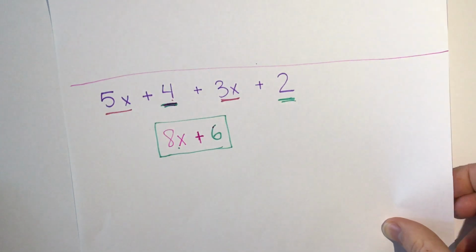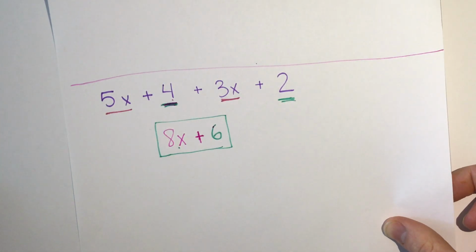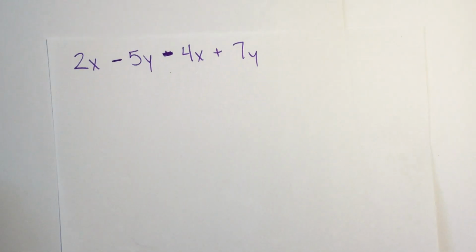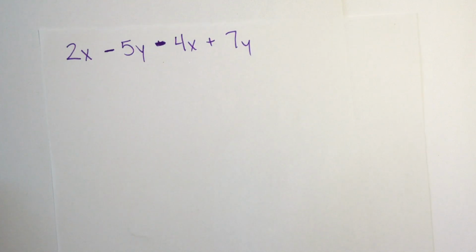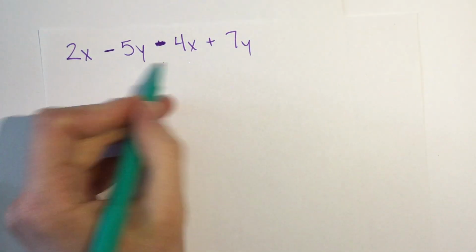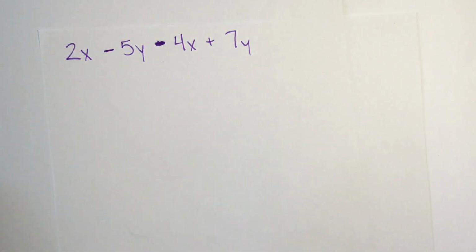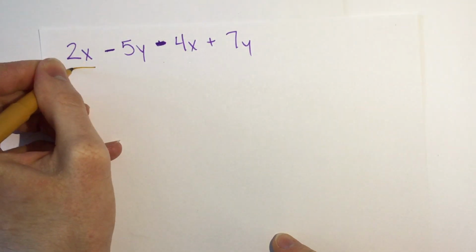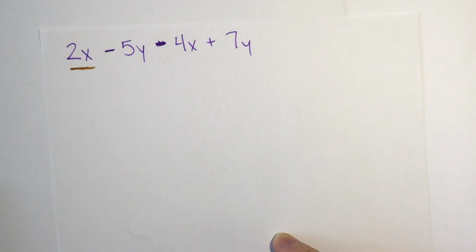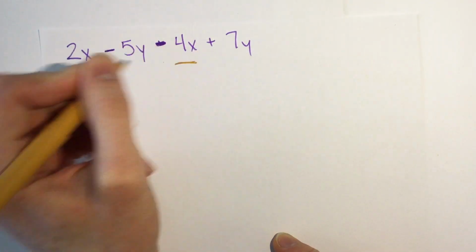There's one more case we need to look at, and that's if we have negatives or minus signs. Here we have 2x minus 5y minus 4x plus 7y. So what do we do with these negative signs? Well, let's start by identifying our like terms. For the x's, 2x would go with 4x.